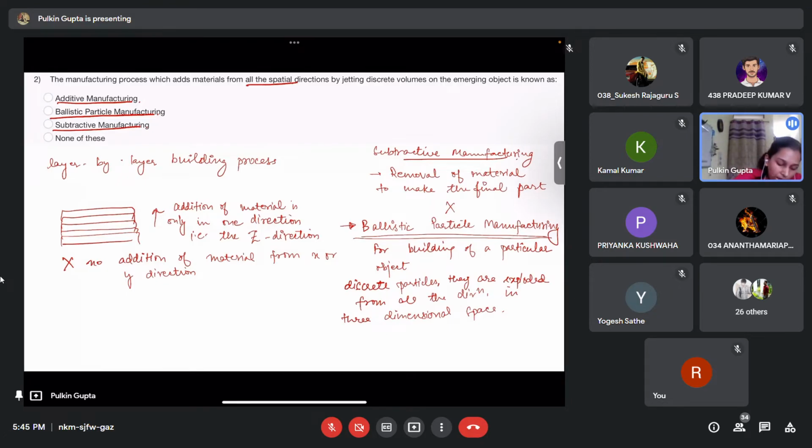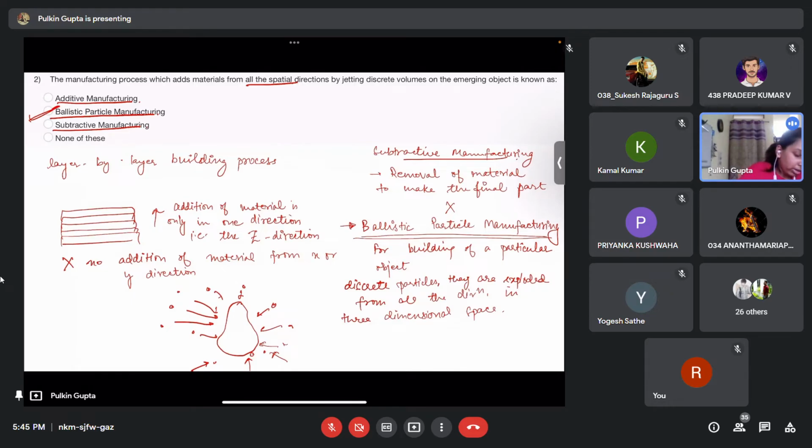So suppose you have this object of yours, say some shape, and your particles are being deposited onto this from literally all the directions. So in this we can say that material is added to the body from all the directions. It then settles down on this and the part is formed. So we have ballistic particle manufacturing as the answer.